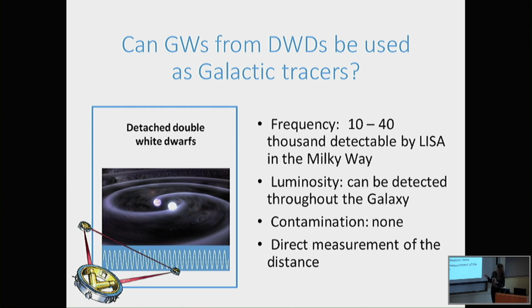From a few to several tens of thousands will be detectable with LISA. They are also luminous in gravitational waves so that you can see them all the way through the galaxy. In principle, this sample will have no contaminants because we will see only gravitational wave sources, and we will be able to determine their distances directly from gravitational wave signals.